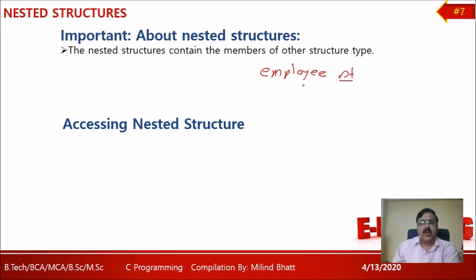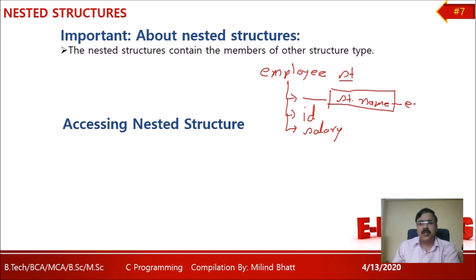Employee structure is having members as ID, salary, and one more of struct name as emp name. So what I am trying to say, structure contains member of another structure type. This structure employee contains member of another structure type name.